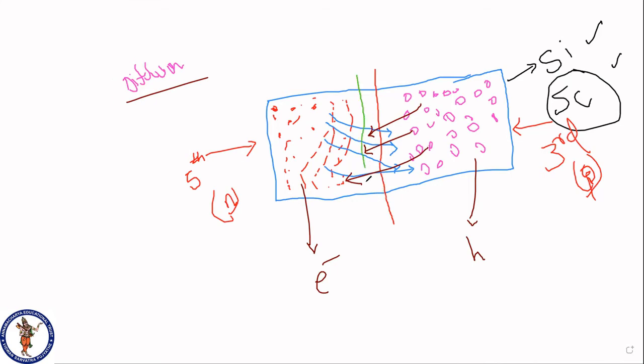At the center, we will have neutral electrons, neutral ions, which is the reason for our barrier creation, and this will create one barrier here.